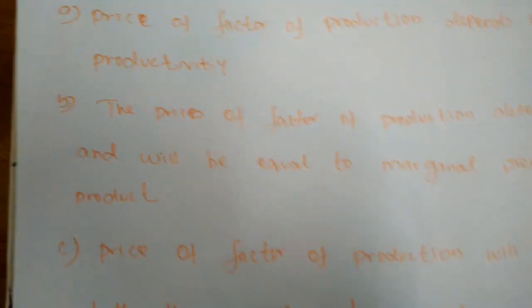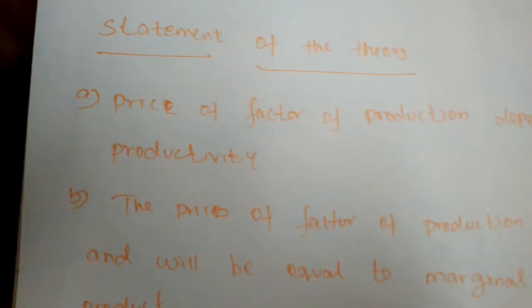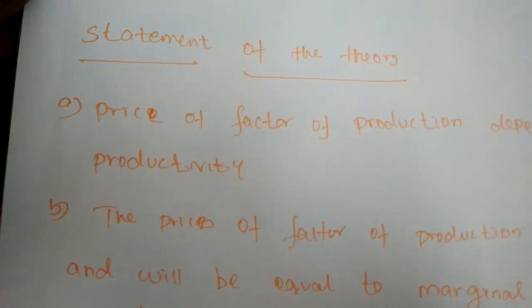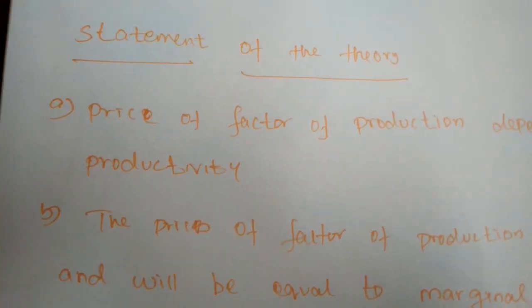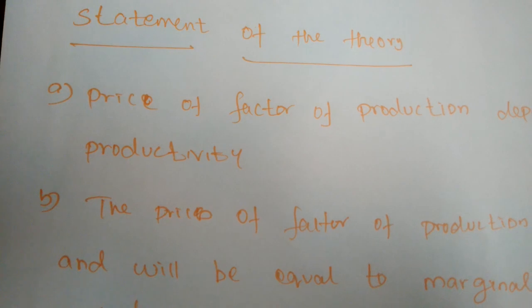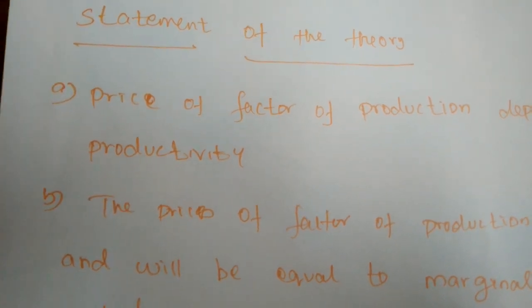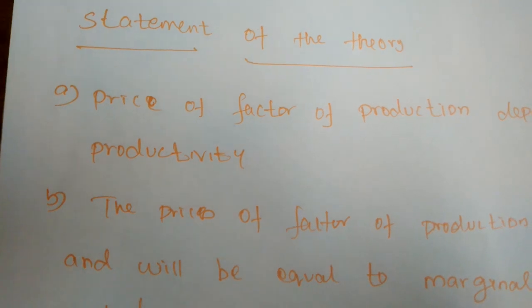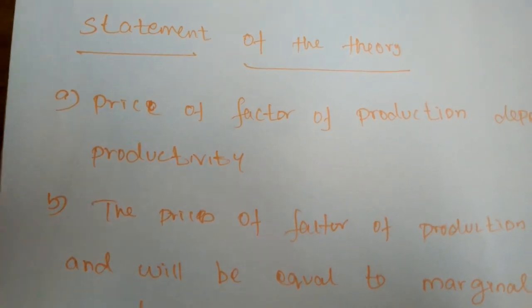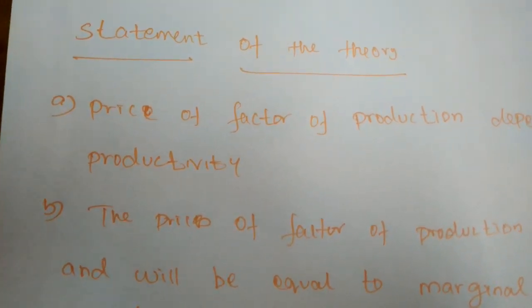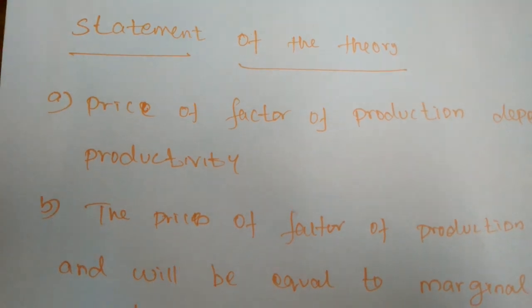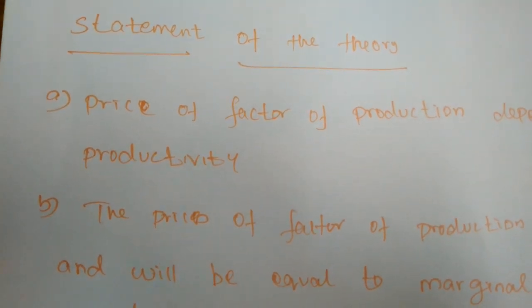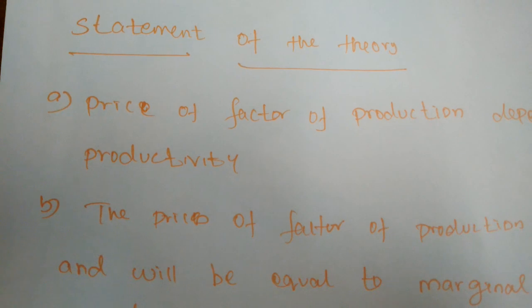So the statement of the theory is: the price of a factor of production depends upon its productivity. As I told already, the factors of production get their remuneration on the basis of their productivity. If the productivity of the factor of production is decreased or lost, the remuneration of the factor of production will also be decreased.